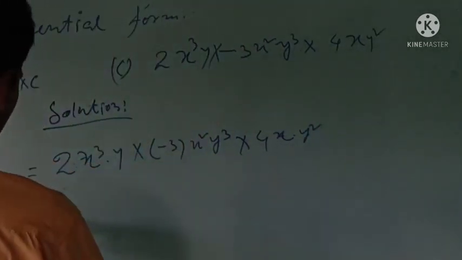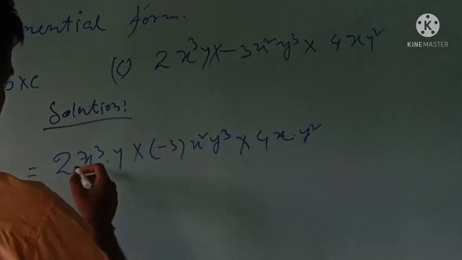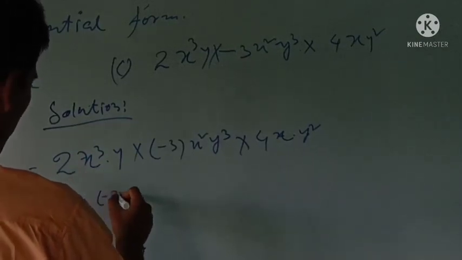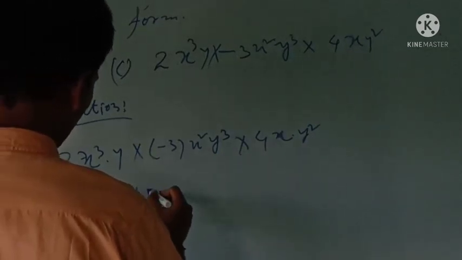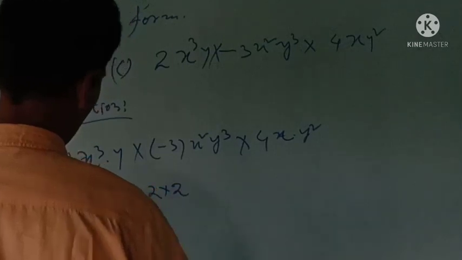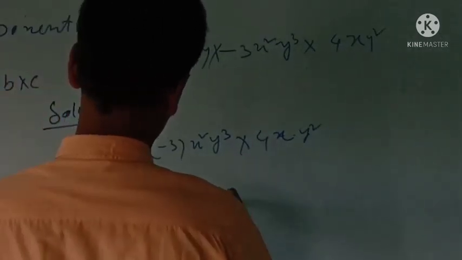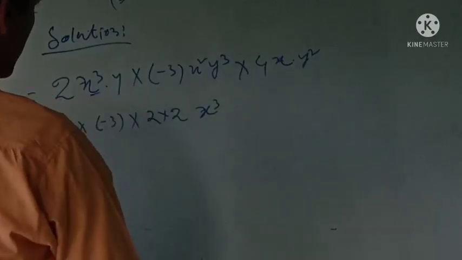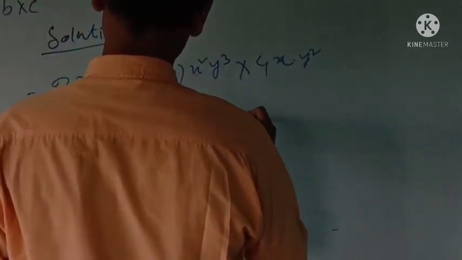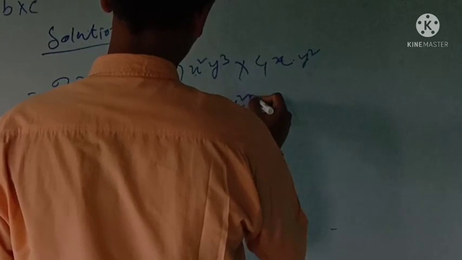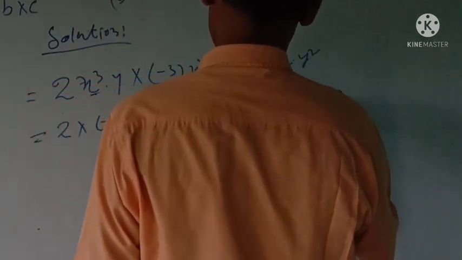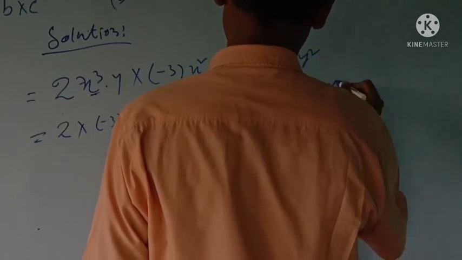Okay, so in the following step you see 2 into minus 3 into 4, we can write 2 into 2. Now this is x cube, see x and x, so x cube into x squared into x, then y into y cube and y square.